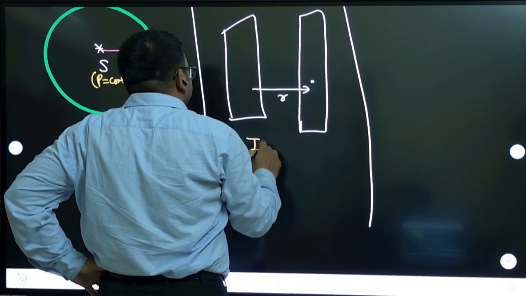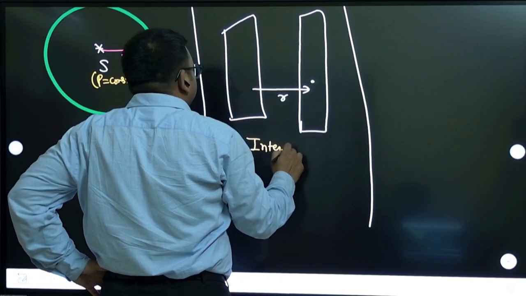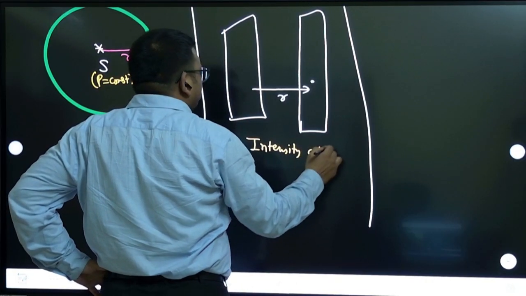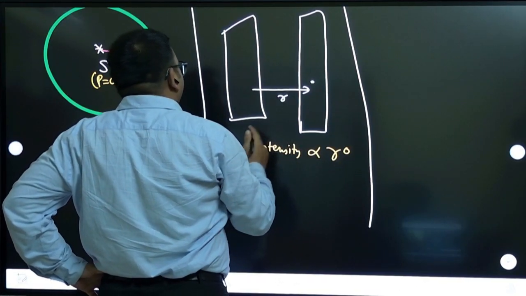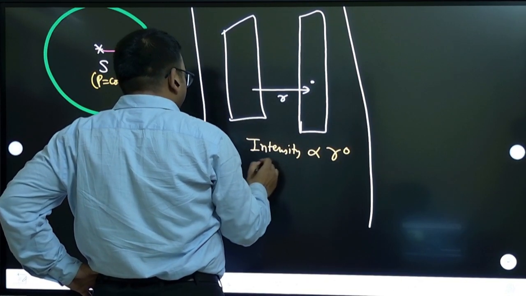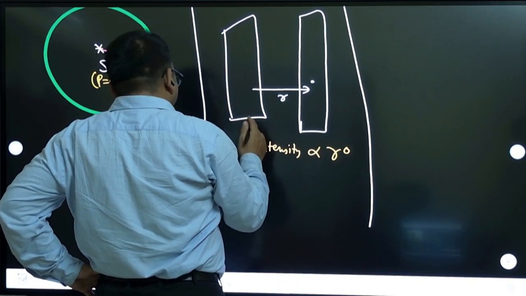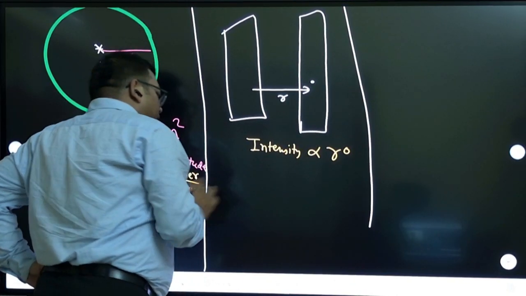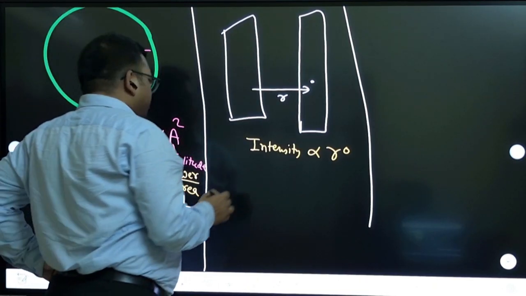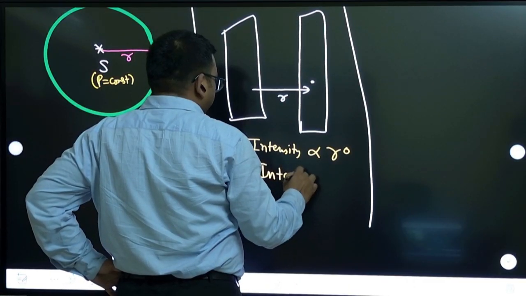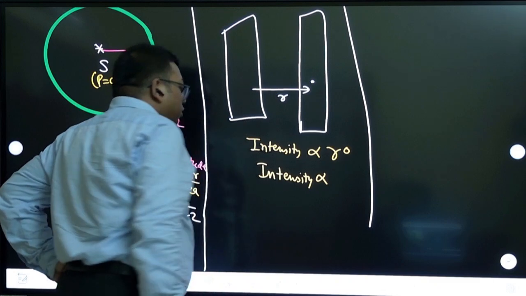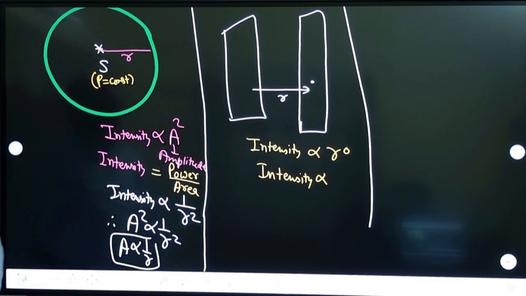Note that intensity is proportional to r power 0. There is no change of intensity and no change of amplitude. So here the amplitude and intensity are the same at both places. It doesn't depend on distance.